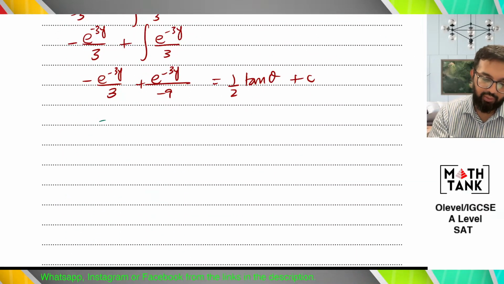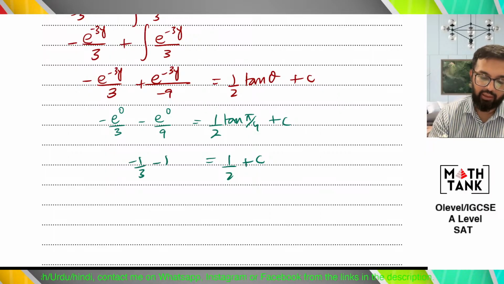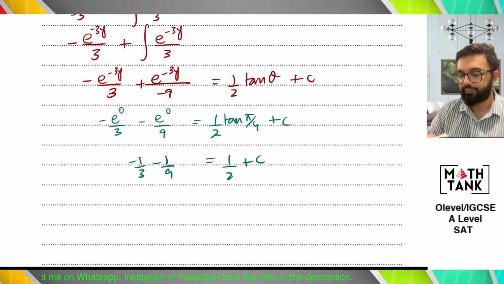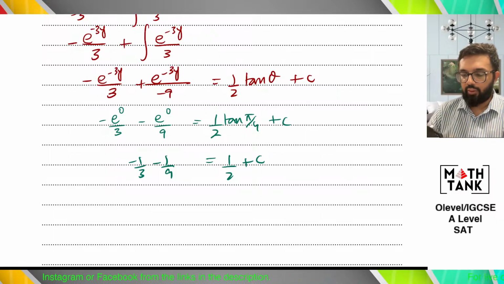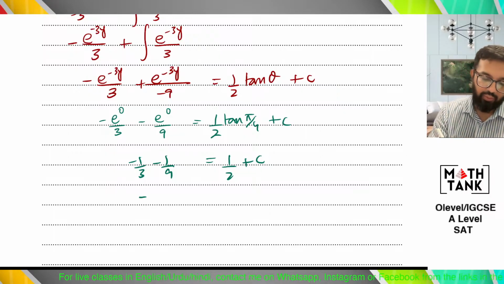So when y equals 0, I get minus e power 0 over 3 minus e power 0 over 9. Tan pi over 4 is 1. That makes it easy. Half plus c equals minus 1 over 3 minus 1 over 9. Minus 17 over 18.